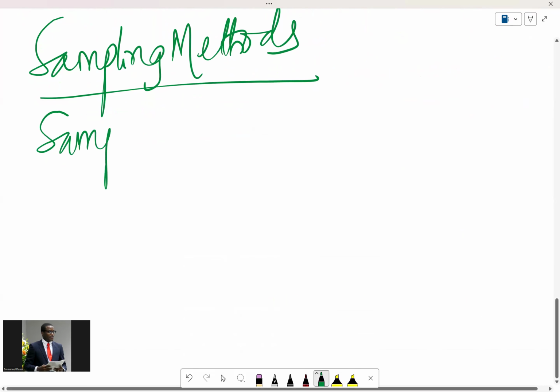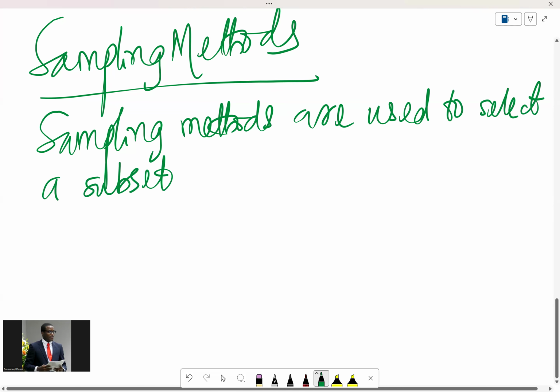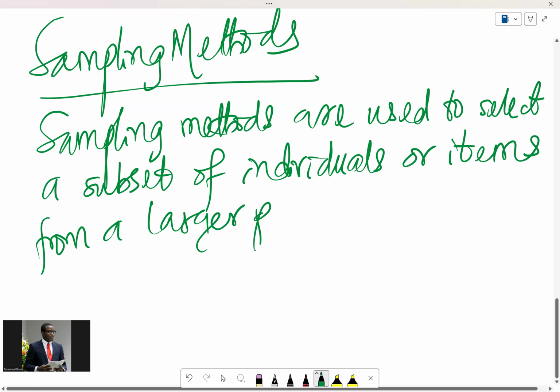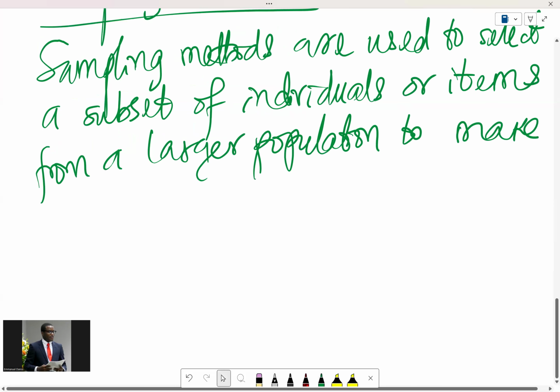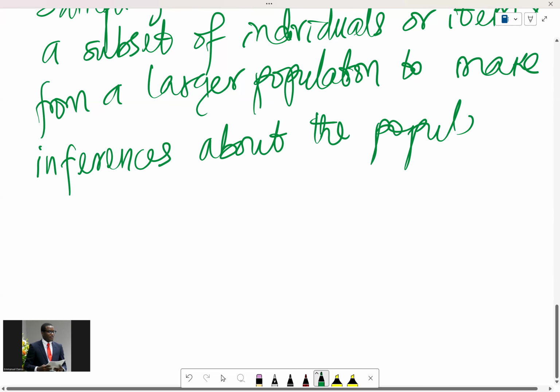So sampling methods are used to select a subset of individuals or items from a larger population to make inferences about the population as a whole.